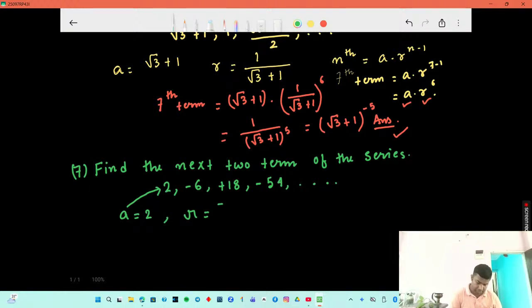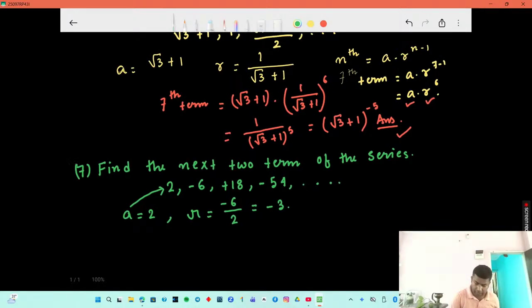So minus 6 divided by 2 is equal to minus 3. R is minus 3. So what is said here? It is said here that we have to find the next two terms. Is it clear?